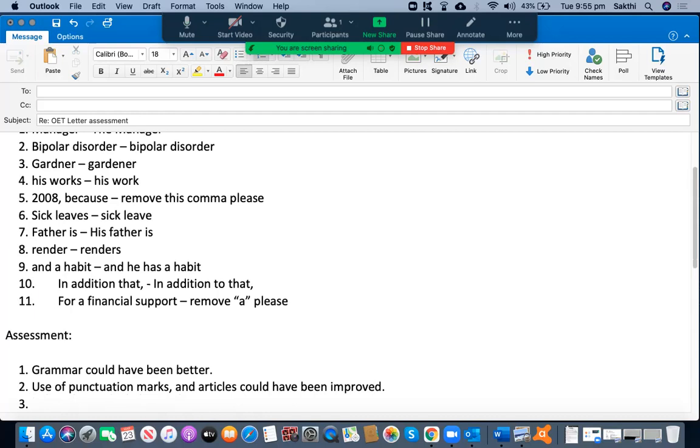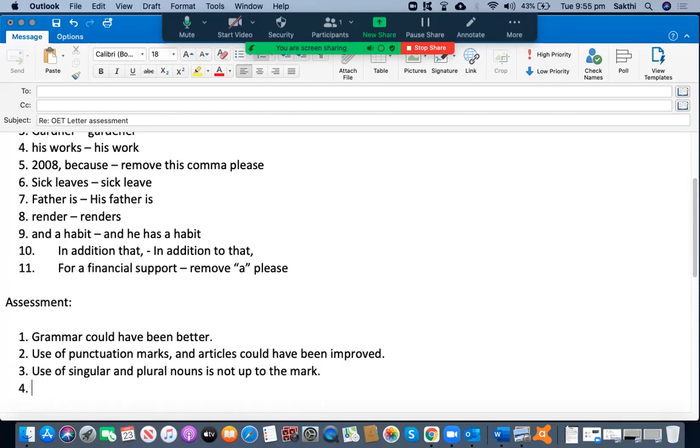Okay. Use of singular and plural nouns is not up to the mark because you have committed mistakes in between. And you should use the nouns and verbs properly.